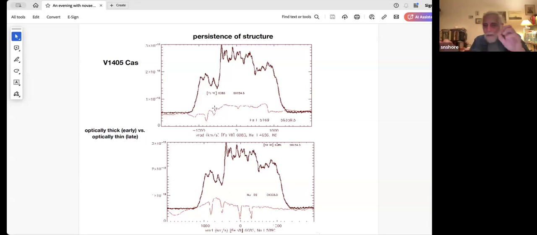In other words, we're even seeing individual ionization differences from fragment to fragment. That points back to the UV. That points back to the X-rays. So we can go backward and forward in understanding what the physical processes are.